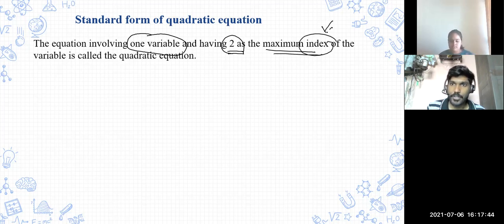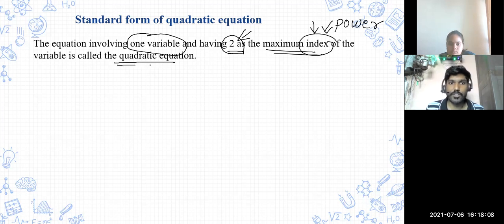Another word for index is power. So the equation involving one variable, just one variable, and having 2 as the maximum index of the variable. That type of equation is called a quadratic equation.